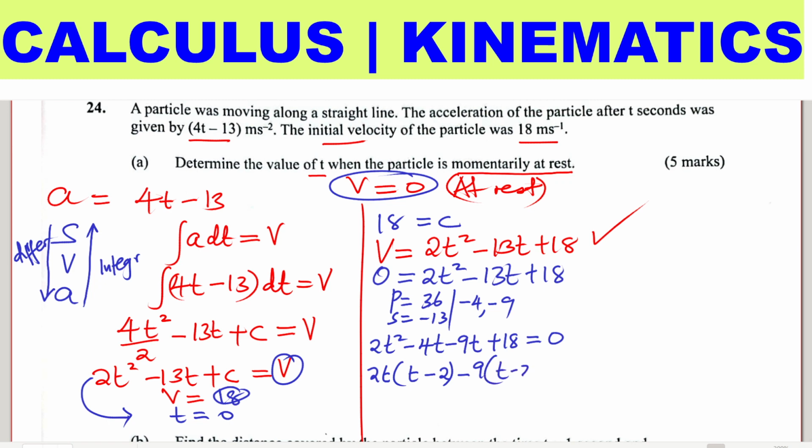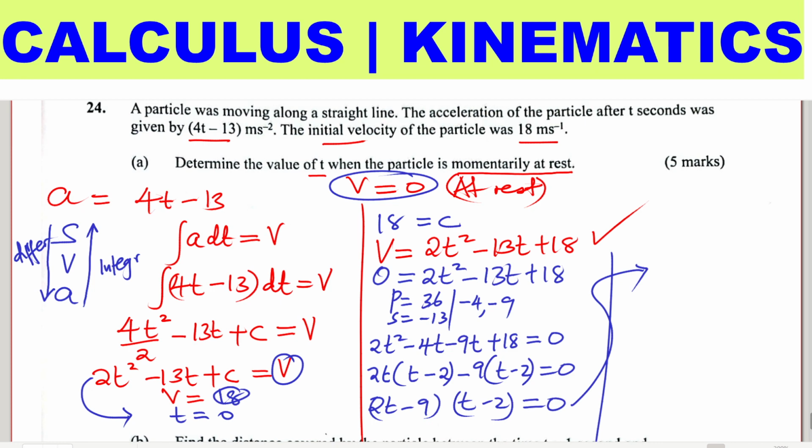So we have (2t minus 9)(t minus 2) equals 0. From here, you have 2t minus 9 equals 0, and if this is the case, then t equals 9 over 2, or 4.5 seconds.